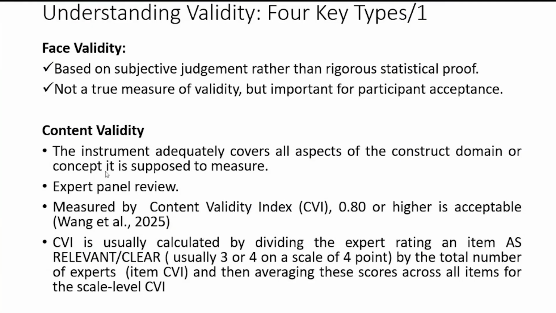And in most of our research around, we see that people usually say face and content validity. You see, face and content validity was established. How do you establish face and content validity, which is the most common one we see around?